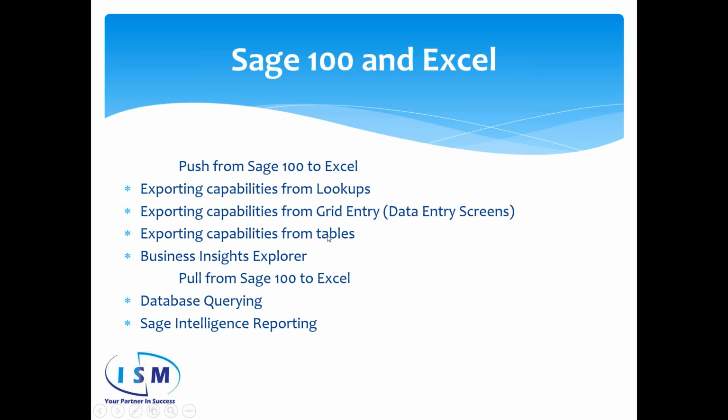We'll also export information from tables. We'll look at Business Insights Explorer and how we can create kind of a mini query there and export that information. And then my favorite when pulling information from Sage is starting in Excel and just pulling information directly.